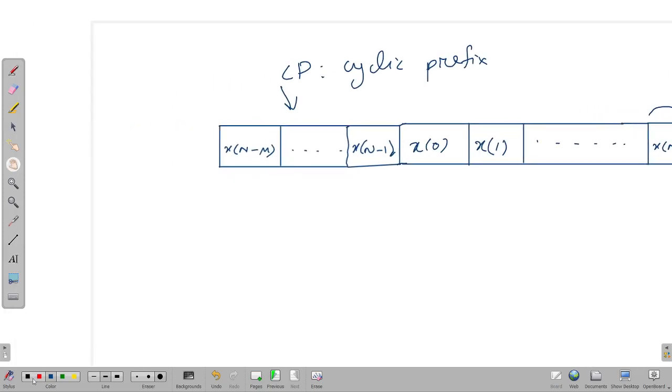And for clarity, let me also draw the previous symbol. It was x naught of n minus 1, etc.